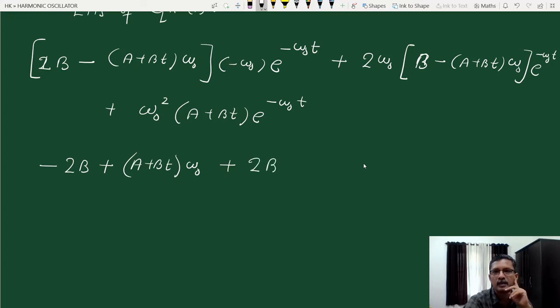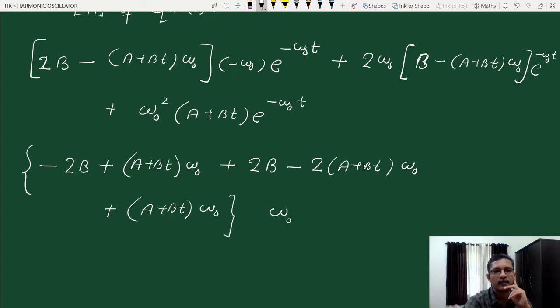We have 2b minus 2 times a plus bt times omega 0, and the last term becomes plus a plus bt times omega 0, the whole thing multiplied by omega 0 e raised to minus omega 0 t, which we have taken outside from the last term also.